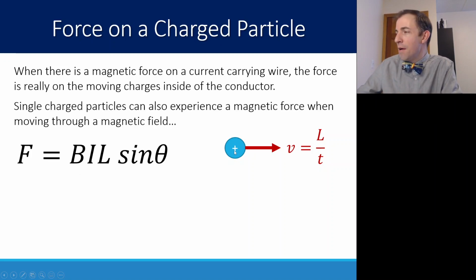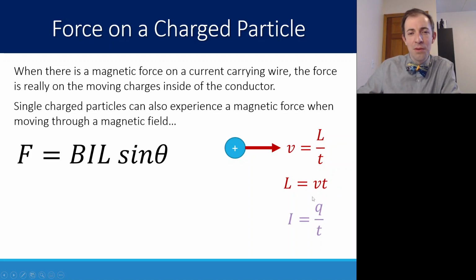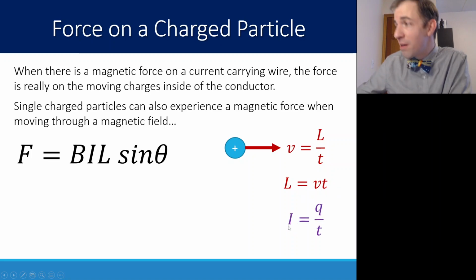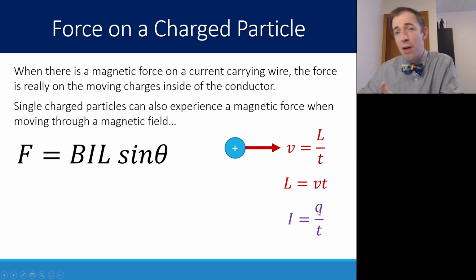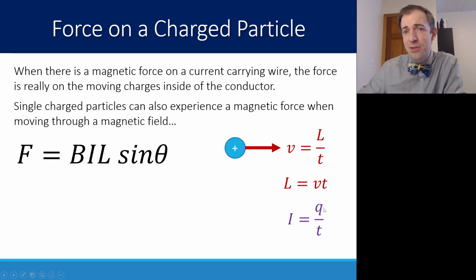First, let's imagine we have the charge and it's moving. Its velocity is how far it moves, the length that it goes, divided by the time. Well, then we know that the length is just velocity times time, how fast it's moving times how long it's moving for. And we know that current is just coulombs per second, or the charge that moves through per unit of time.